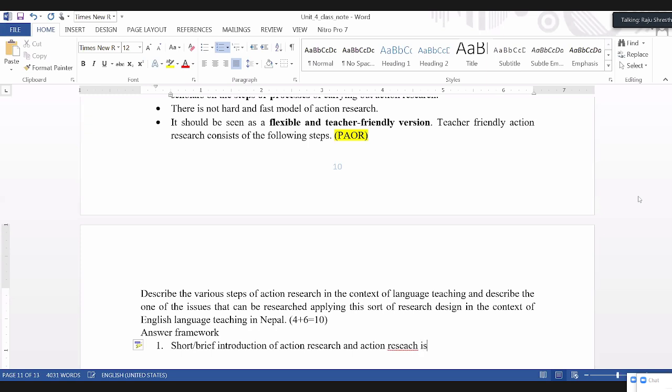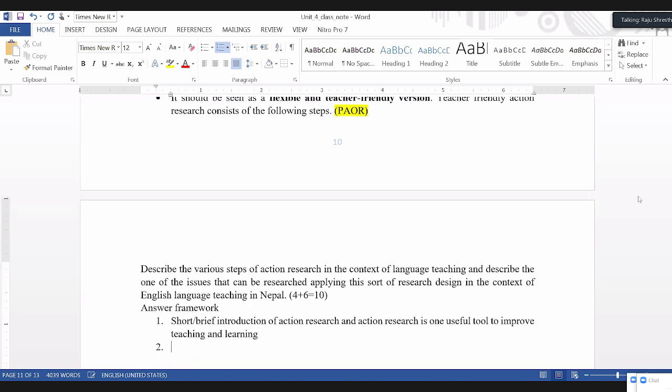Action research is one useful tool to improve teaching and learning.